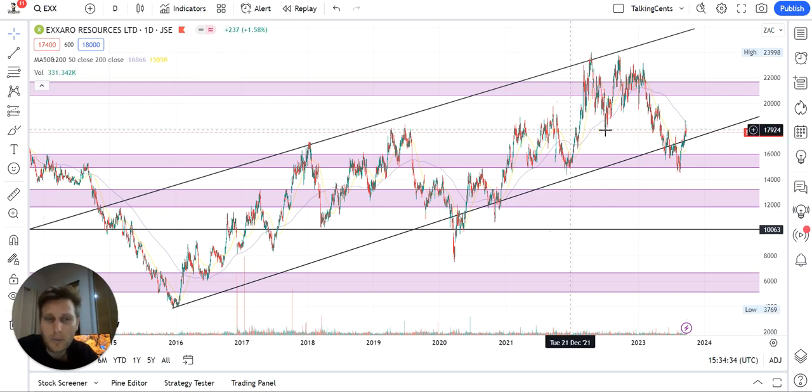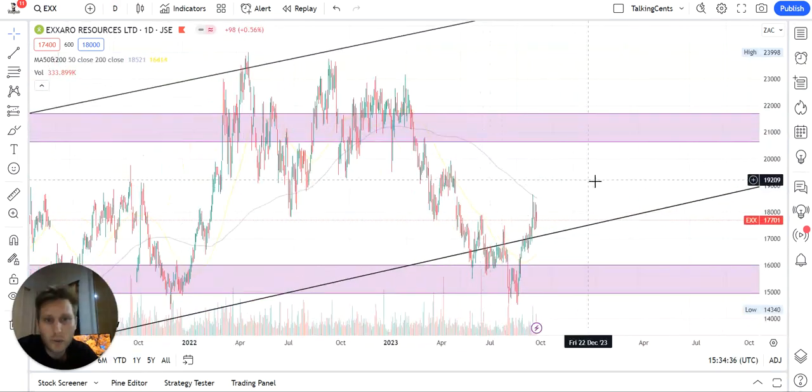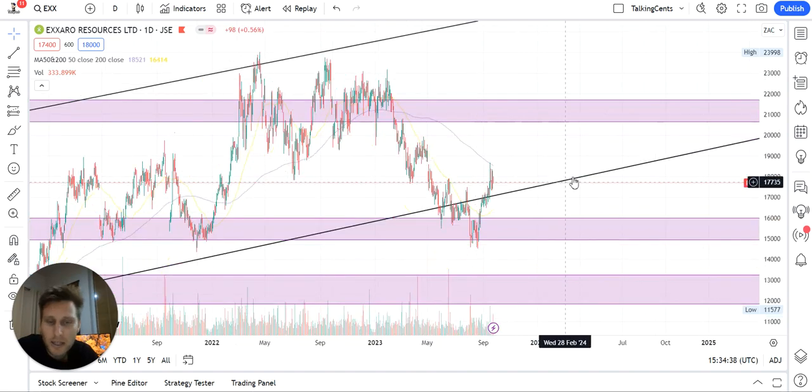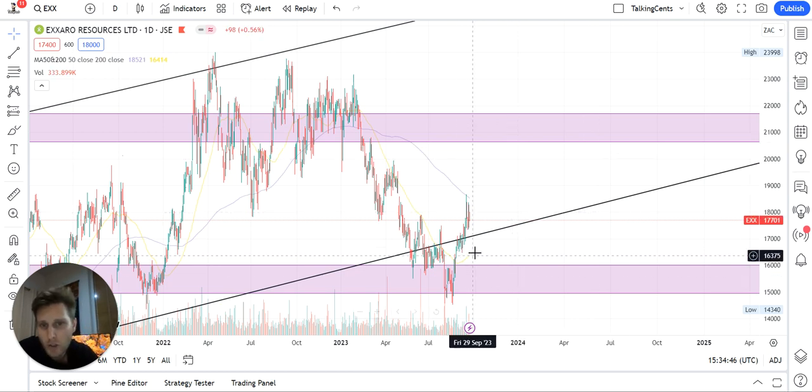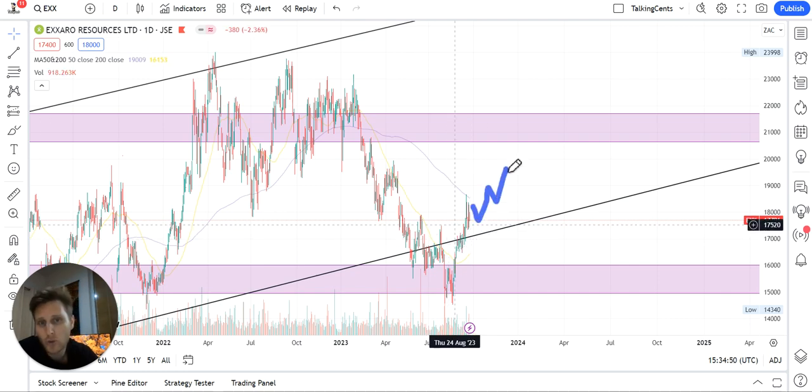Now, before we look at the fundamentals, I want to zoom into the 50-day and the 200-day moving average. So remember, I like to trade stocks that are both above the 50-day moving average and the 200-day moving average. So Exxaro is now above the 50-day moving average, and it looks like it's trying to reclaim that 200-day.